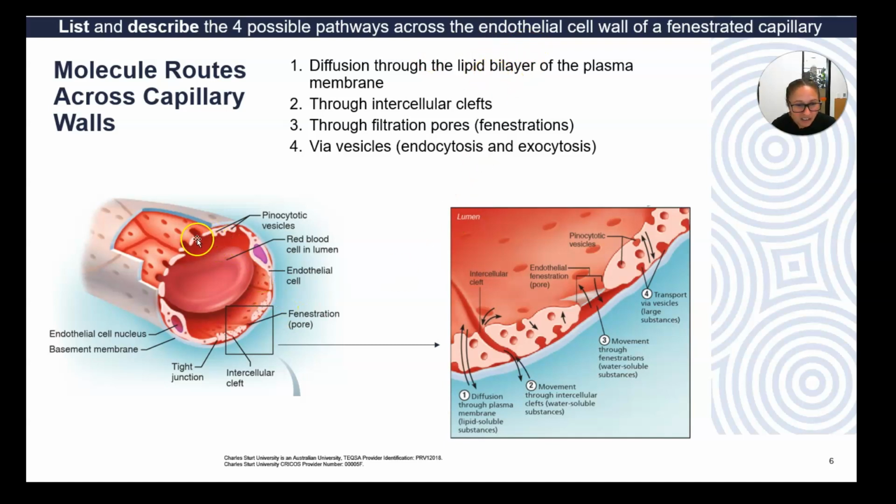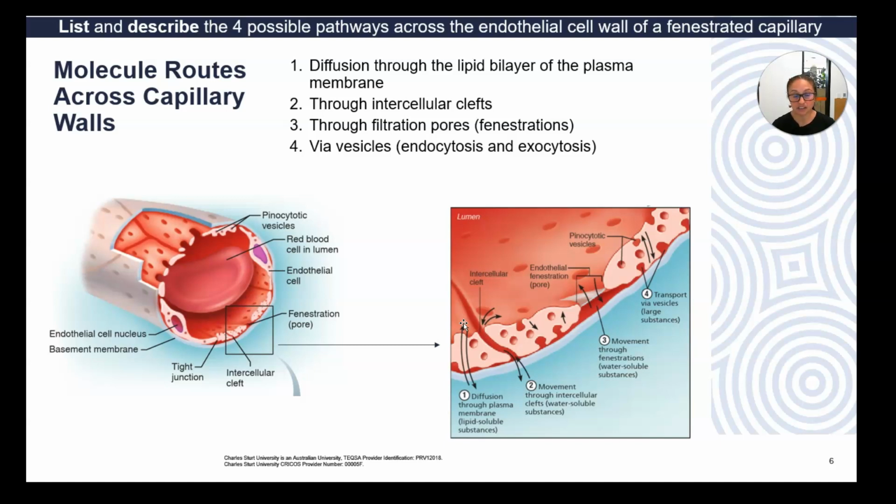Have a look here. Our capillaries are made up of endothelial cells. So we can diffuse through the plasma membrane of those endothelial cells. And that's how gases are exchanged.